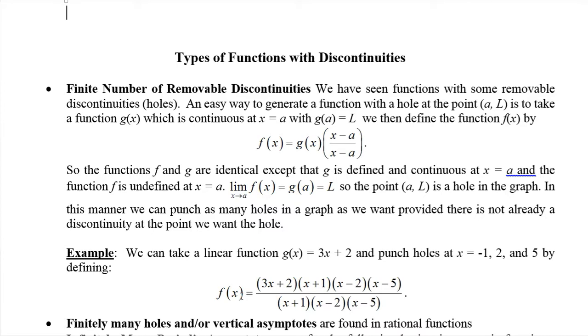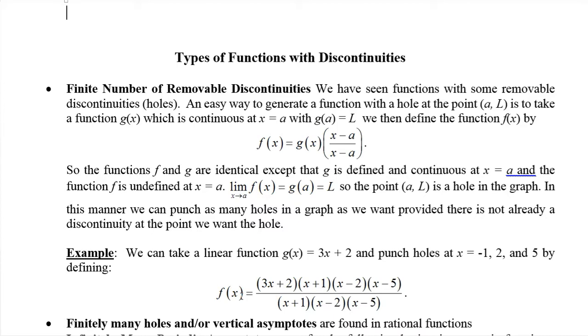In other words, if you multiply a function by (x minus a) over (x minus a), that's going to punch a hole in that function where x equals a, provided it isn't already undefined there or didn't already have a discontinuity there.